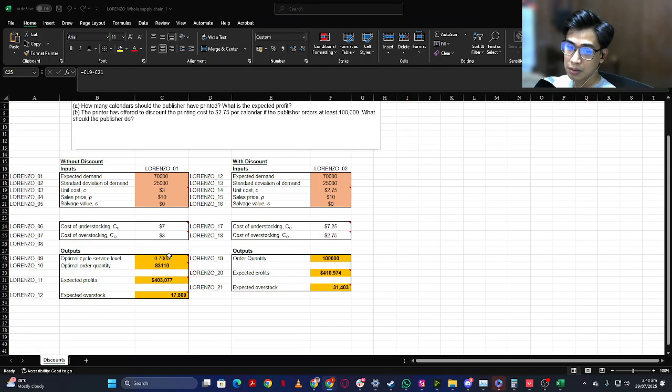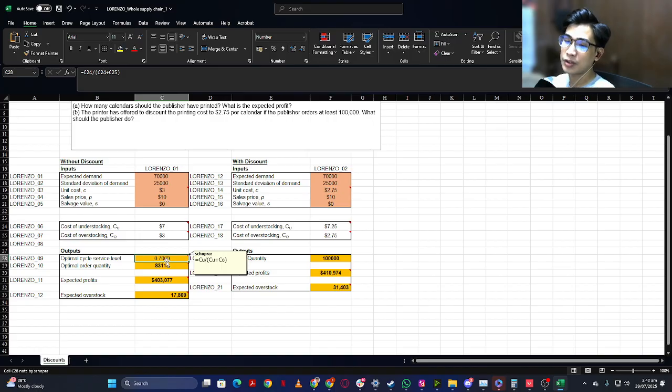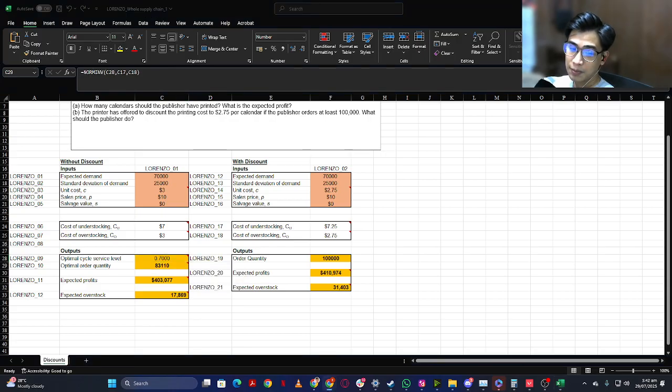You put on top your $7, the cost of understocking, divided by your cost of understocking plus your cost of overstocking. Under and over added together give you 10. So 7 divided by 10 is 0.7.